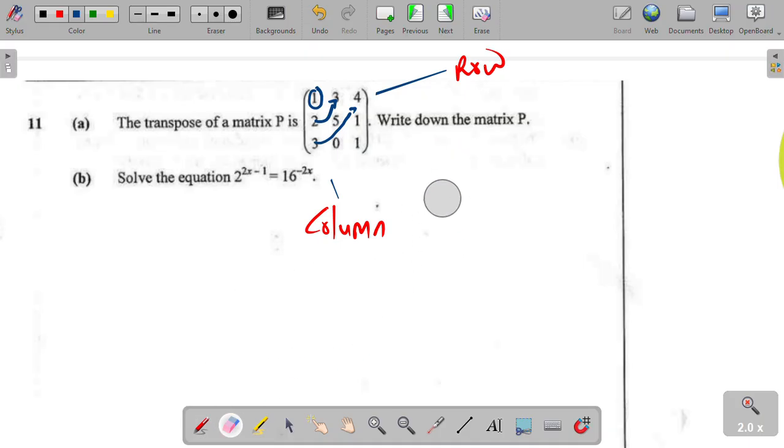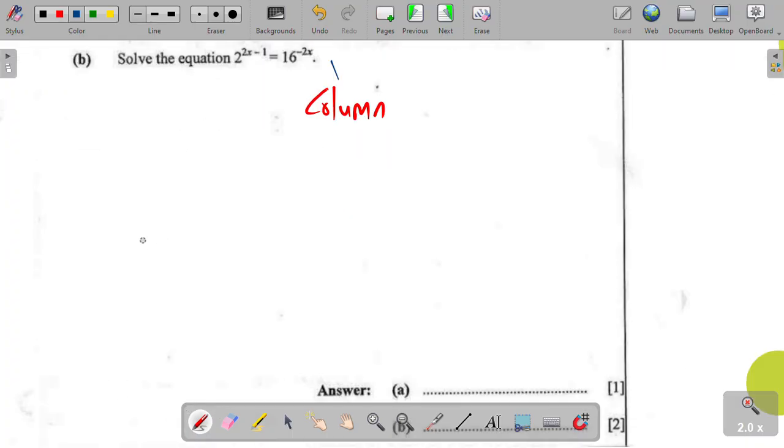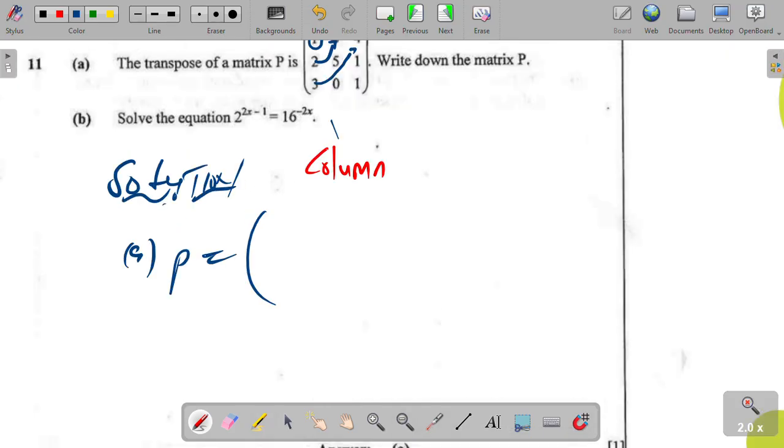Let me show you now. I'll write there A, solution. So the P matrix.